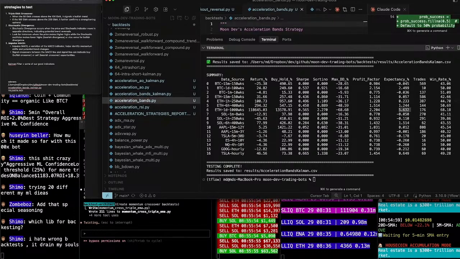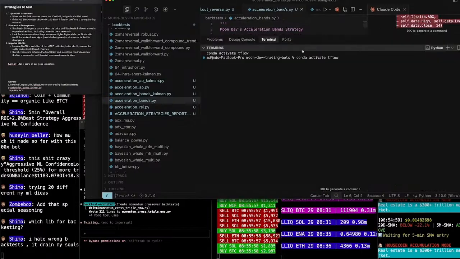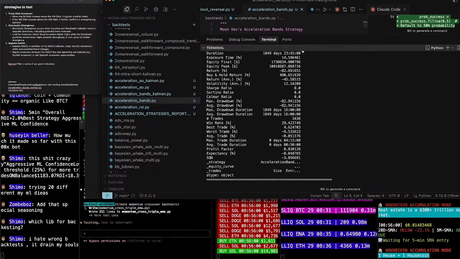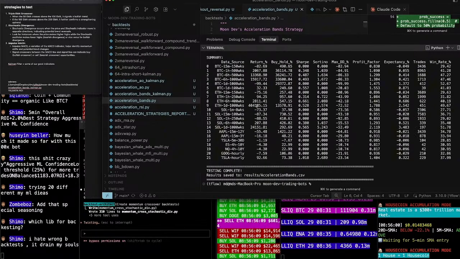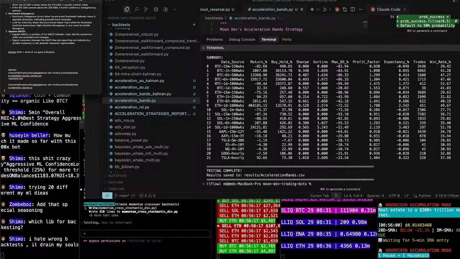So let's go ahead and keep it pushing. 0.87.5 expectancy, okay. 3.4 expectancy. Heaters up in here. So here's another winner, acceleration band. 24,000% return.